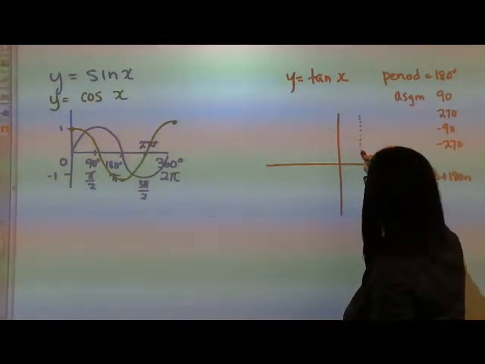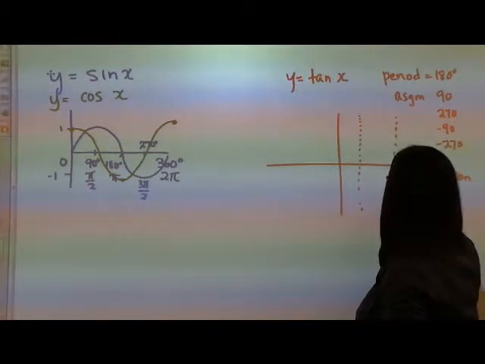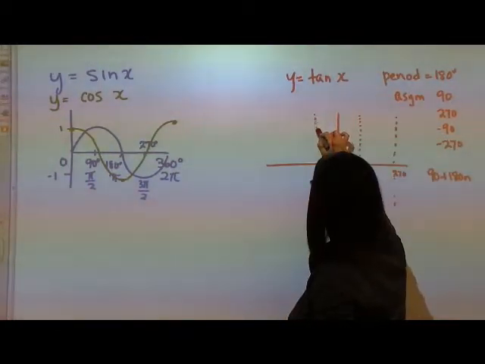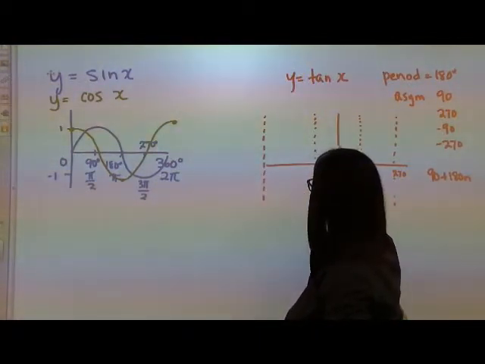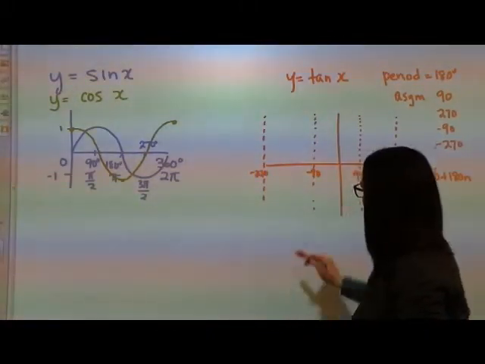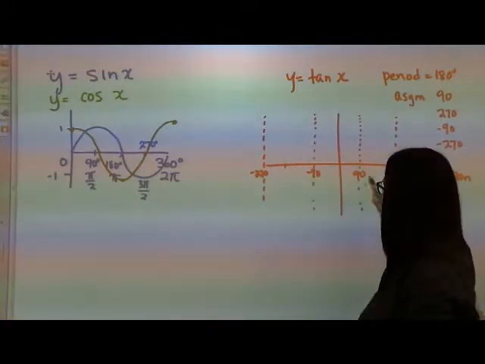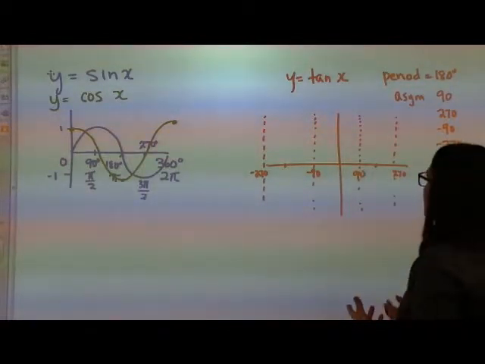So that's what I want to put in first, is I want to put these asymptotes in. So 270, 90, -90, -270. And then I have my -180, my +180. And then the tan function basically gets this repeating look to it.